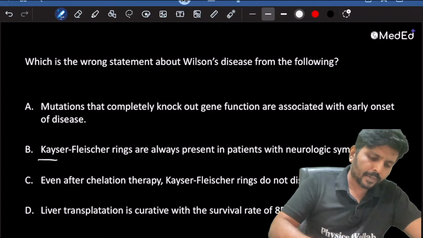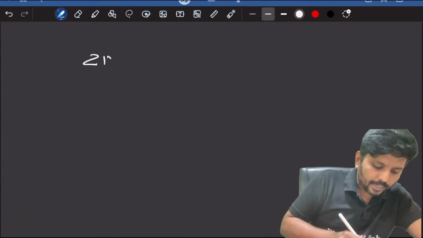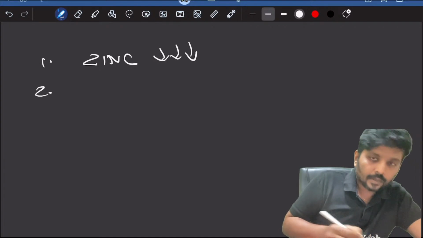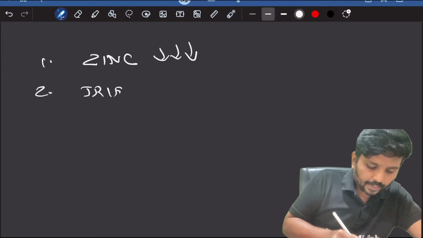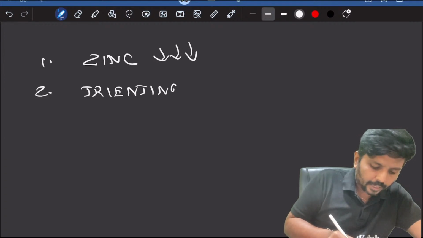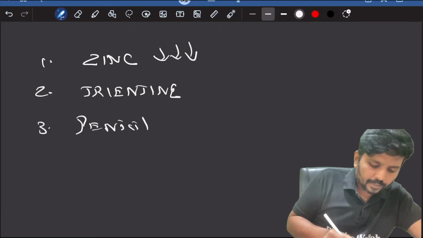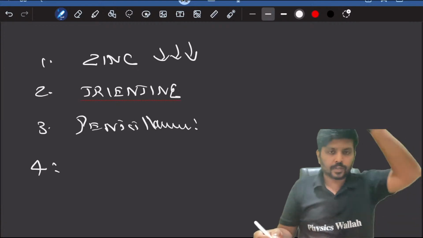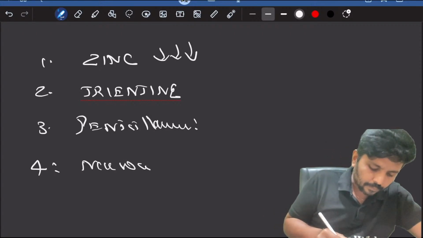What is the treatment of choice? Zinc can reduce absorption of copper from the food. Second one is trientine, a copper chelator. Third one is penicillamine, also a copper chelator.